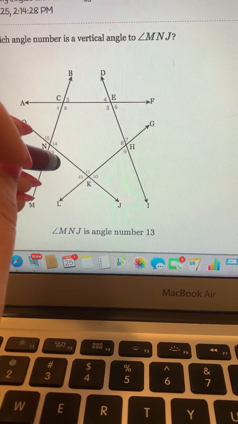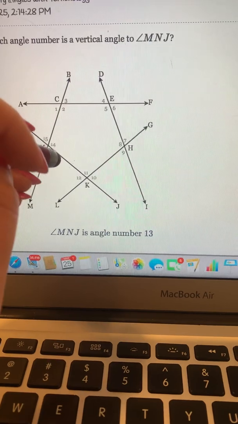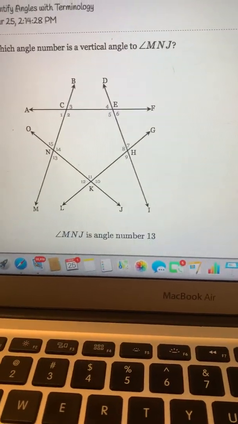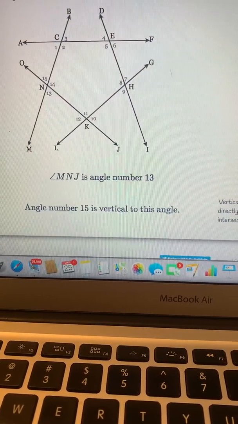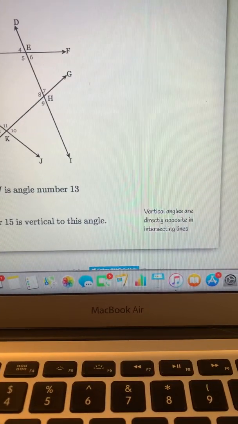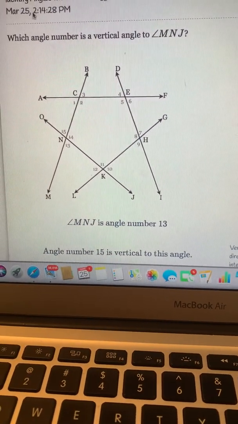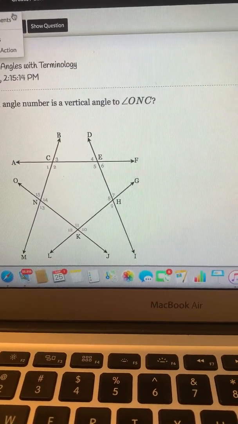Well, if you look, vertical angles are, remember, across from each other. So angle 15 would be vertical to angle 13 because they're across. And that's your answer. Vertical angles are directly opposite and intersecting lines. So those are the different kinds of questions they could really ask you.